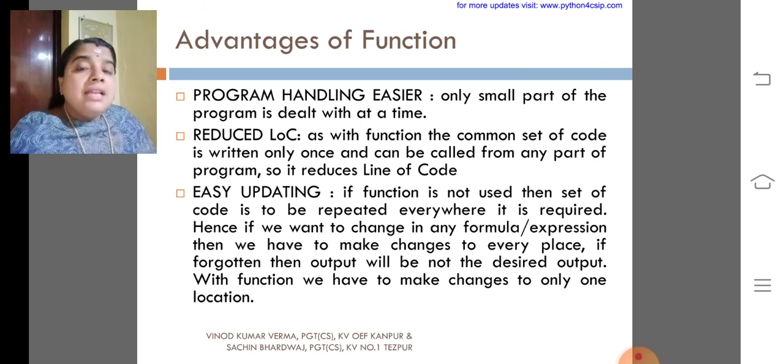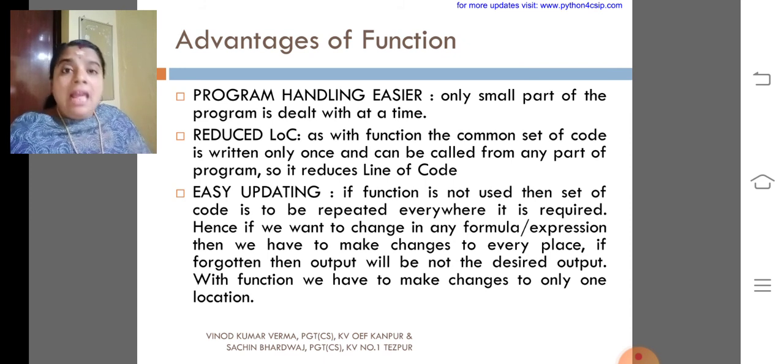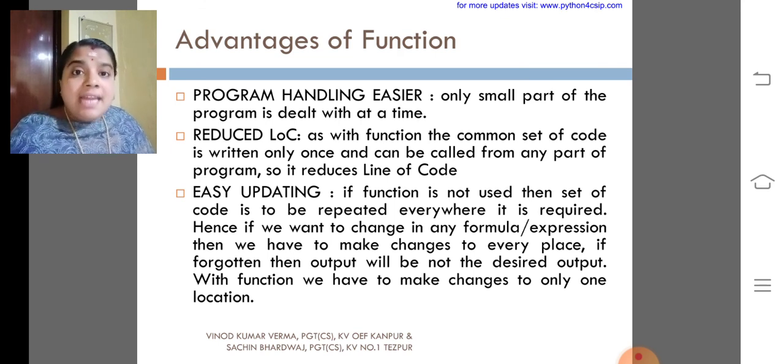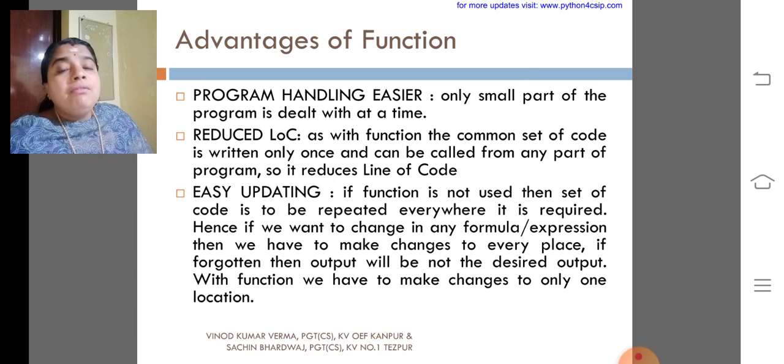Then the next advantage is reduced LOC. Here LOC means line of code. Line of code means if you want to write the same function or if you want to define the same task again and again, the task can be put into a function, and then the only thing we need is to call it again and again.